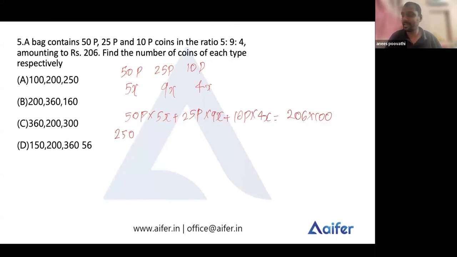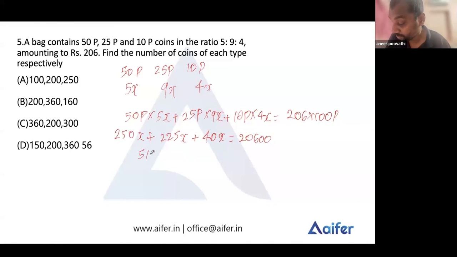We are cancelling the paisa because we have paisa everywhere, which can be cancelled. We have 250x plus 225x plus 10 paisa into 4x is equal to 20,600.